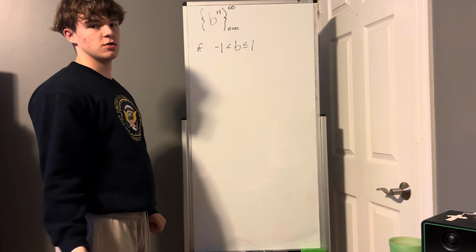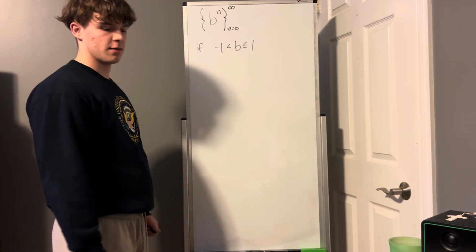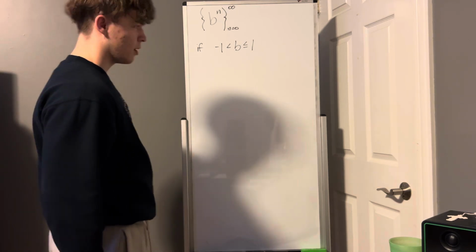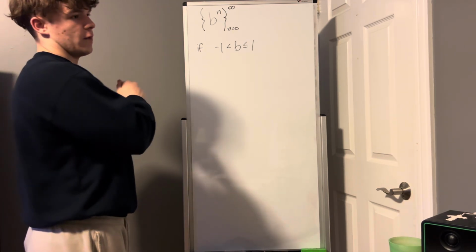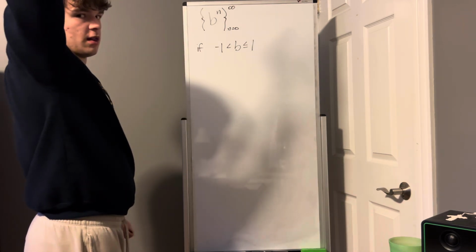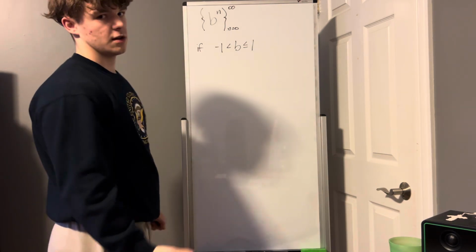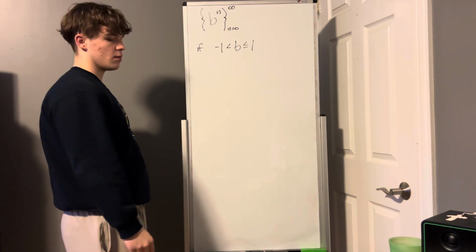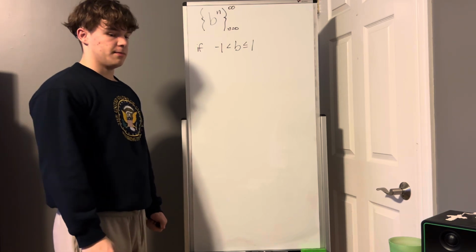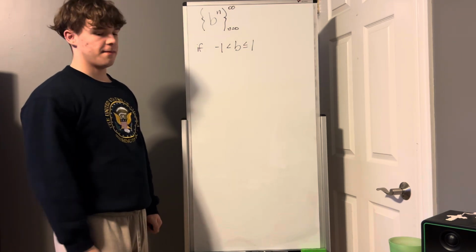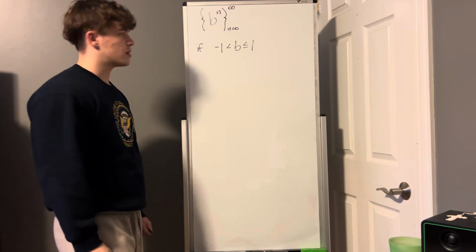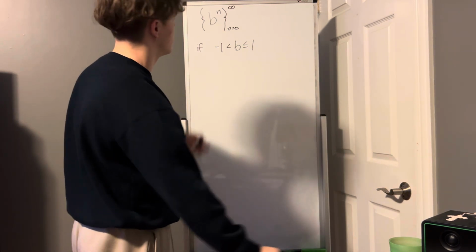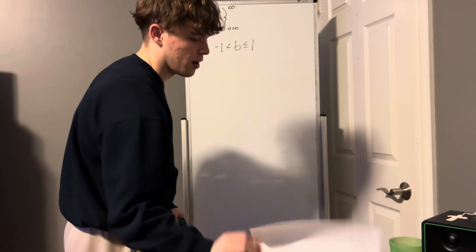Obviously that's going to converge towards 1. But if it's any bigger, the values are just going to continue to get larger. Obviously that's going to diverge. That's a pretty short part of this.